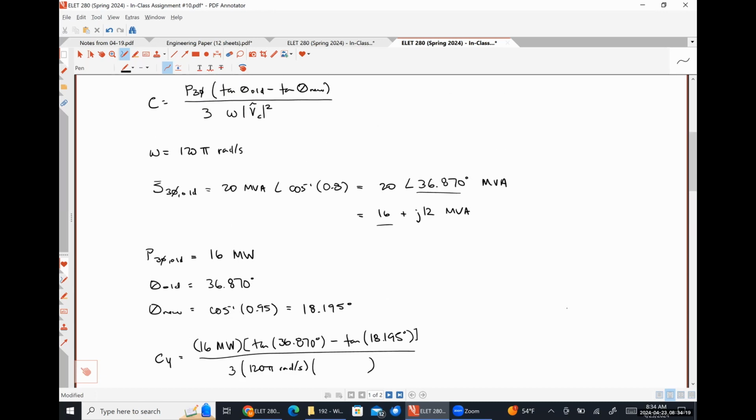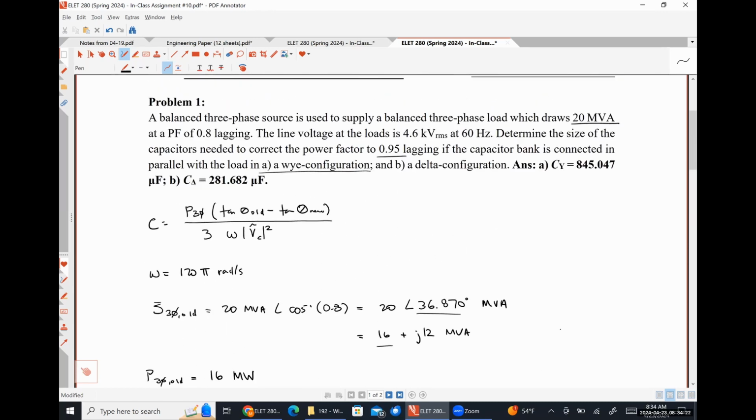Okay. So up here in the problem statement, we are told that the line voltage at the loads is 4.6 kilovolts RMS. So what I want you guys to sort out is what the phase voltage across our Y-connected capacitor bank will be. Will it be 4.6 kilovolts RMS, or will it be 4.6 kilovolts RMS divided by the square root of 3? So we are given line voltage.